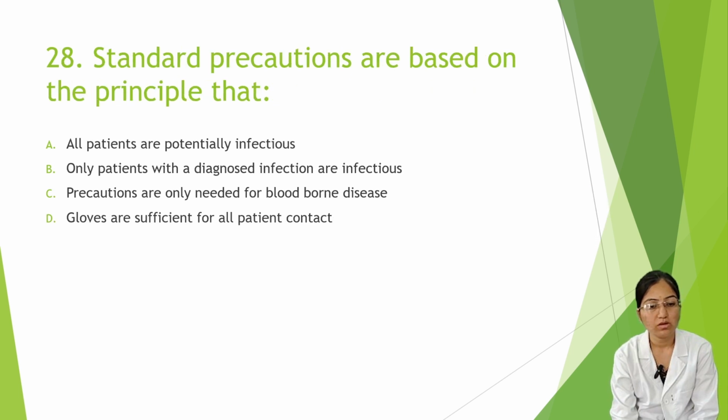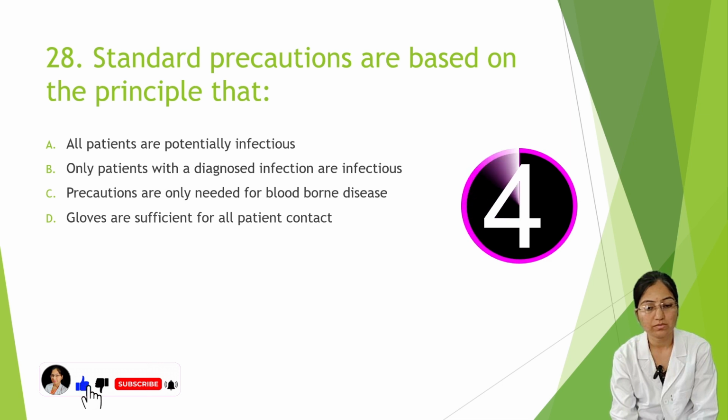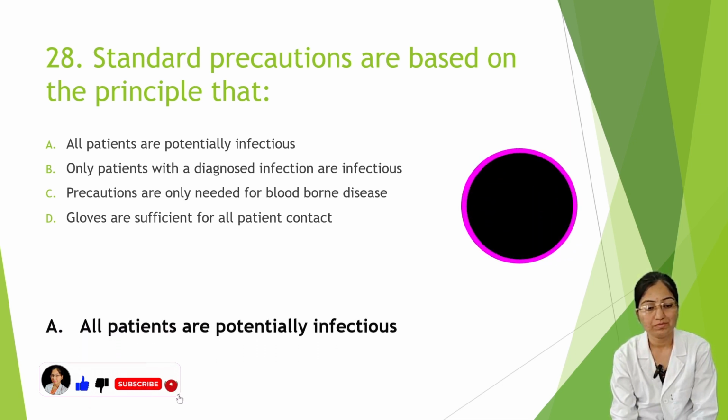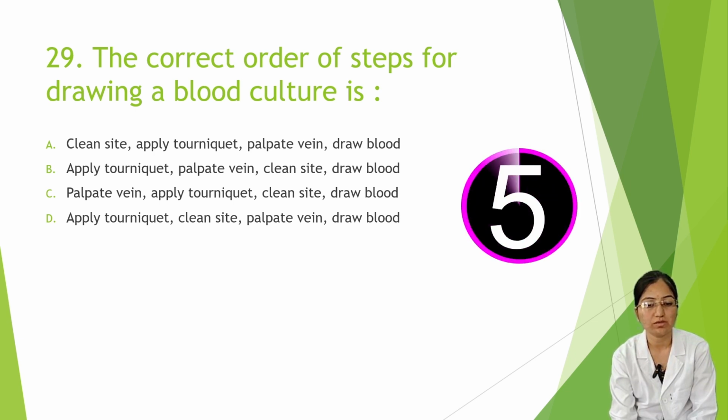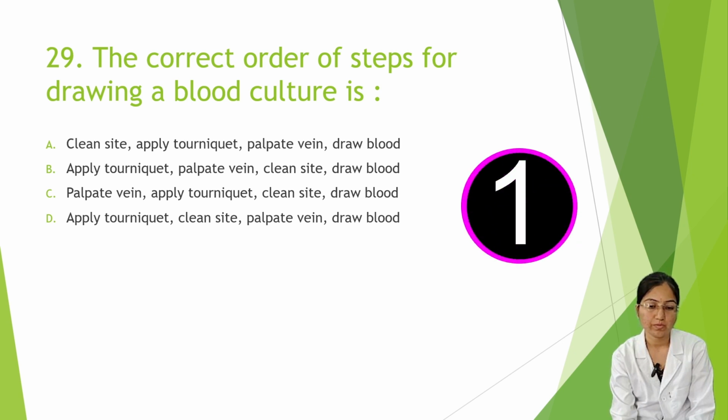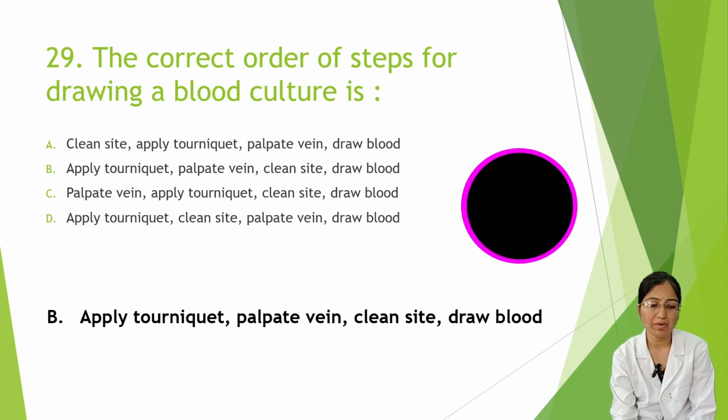Next question. Standard precautions are based on the principle that all patients are potentially infectious. The correct order of steps for drawing a blood culture is. Right option is B, that is apply tourniquet, palpate vein, clean site, draw blood.